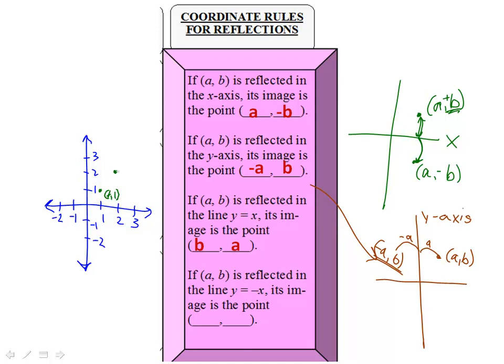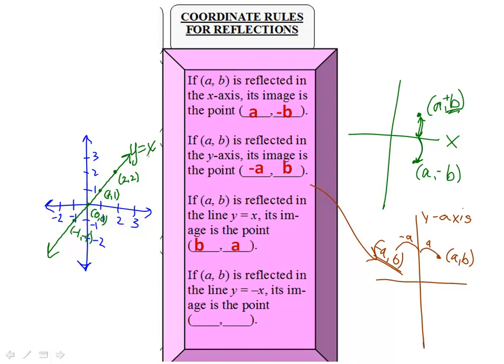2, 2. My x and y have the same value. 0, 0. X and y have the same value. Negative 1, negative 1. X and y have the same value. So this is the line y equals x. So if I want to reflect over that line y equals x, all you have to do is flip your ordered pair around.